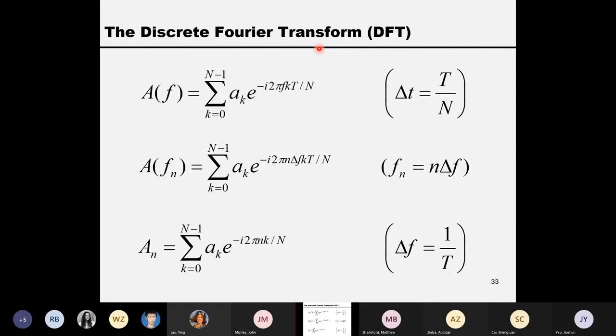Five to ten years ago, I did teach a course for second year students called time series analysis. What do we do? Mainly try to generate the fast Fourier transform. It's very easy, okay? But for you guys, the third year, fourth year, you already have enough knowledge so you can see how easy it is.